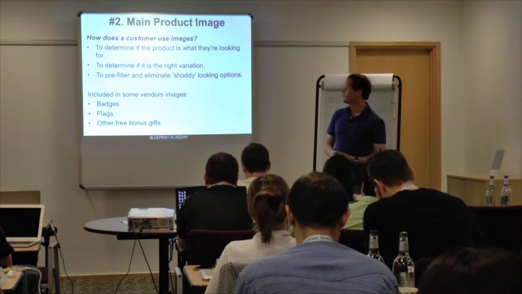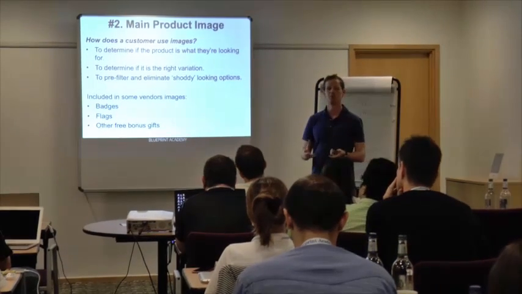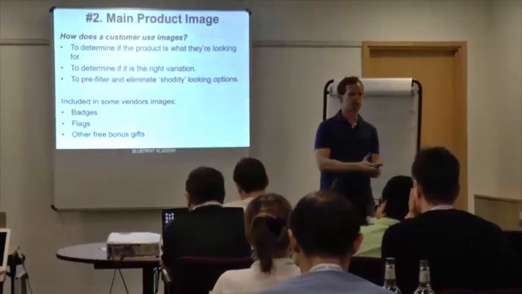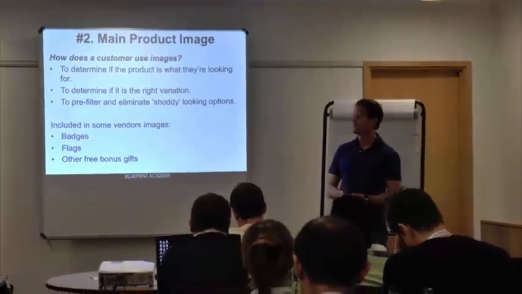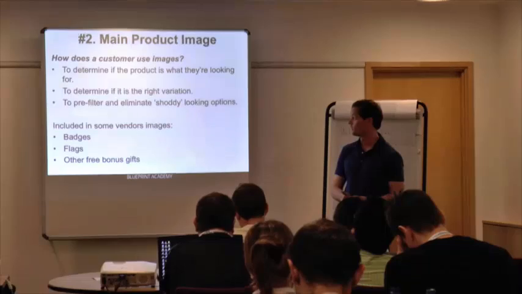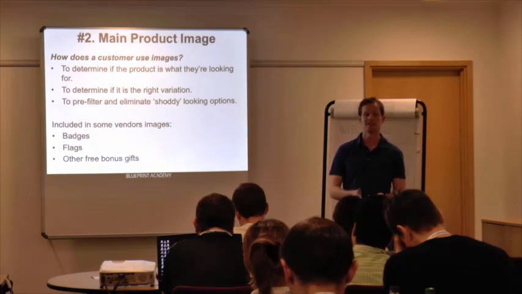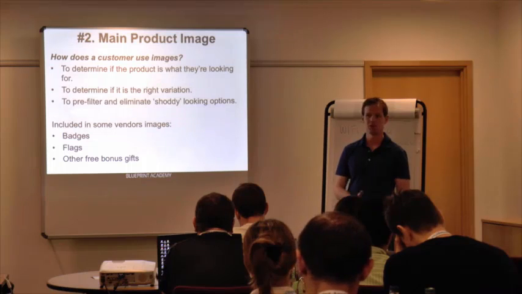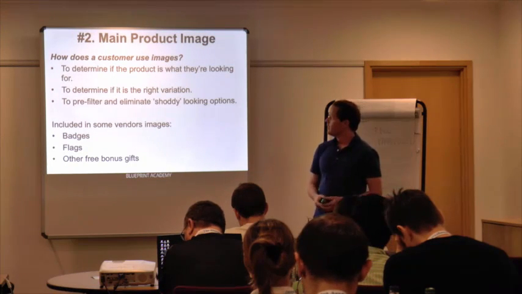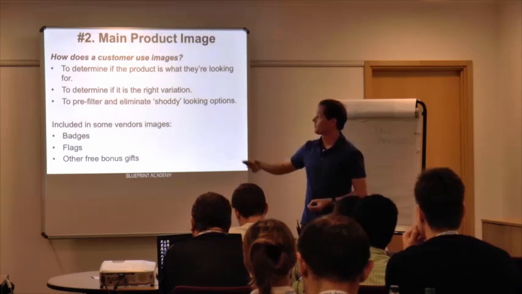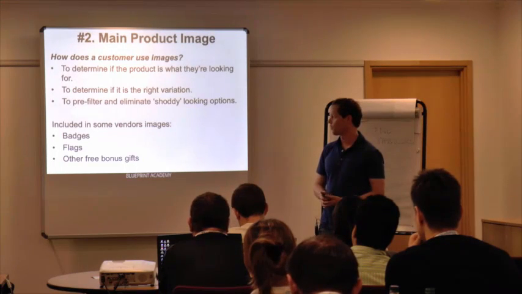So customers use the images that appear to do a pre-filter and determine if what you've got is what they're actually looking for, to determine if it's the right variation as well, and to pre-filter and eliminate inferior products that they're not interested in. This is the main product image, but we'll talk about the other images soon as well because they're also important.